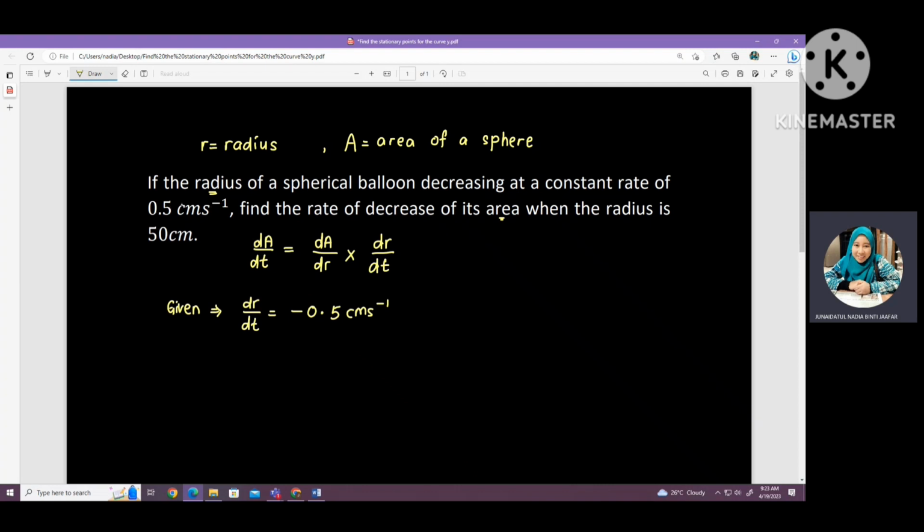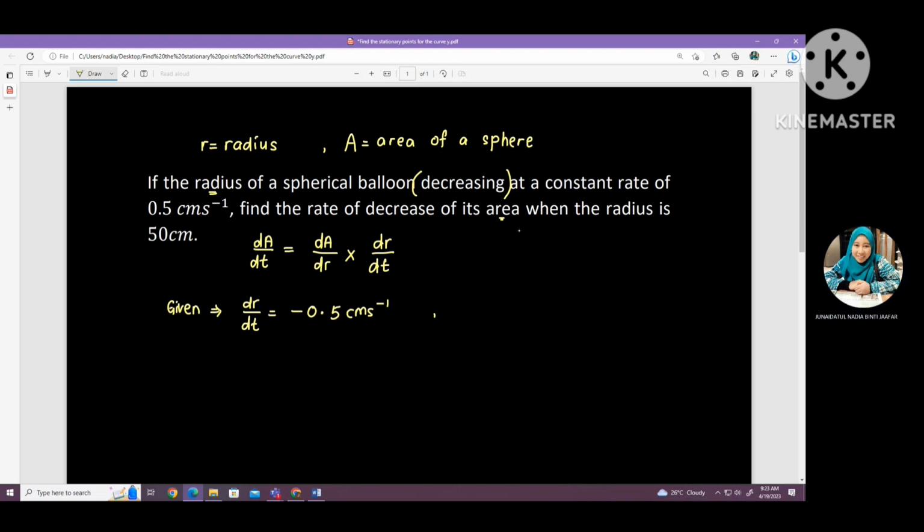So 0.5 is the rate of change of radius, and the value is negative because the question stated that the radius is decreasing. That's why the value of dr over dt here is negative.